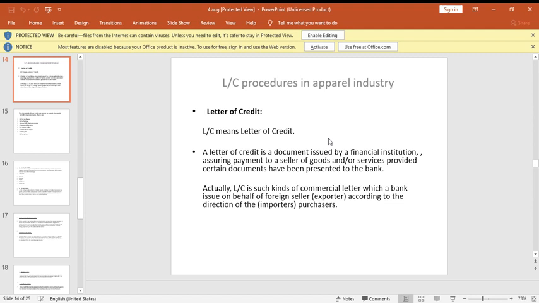So in the first unit we have introduction to apparel merchandising. In that we have learned about the definitions, the objectives and flow chart of merchandising, the meaning of merchandiser, the key activities of a merchandiser, the functions, the responsibilities a merchandiser should have, and the qualities he has to maintain to become a good merchandiser.